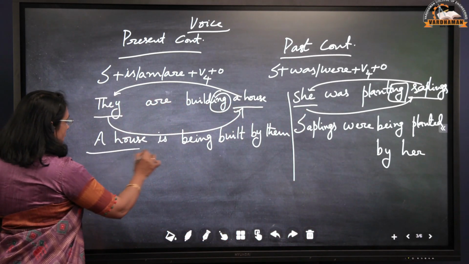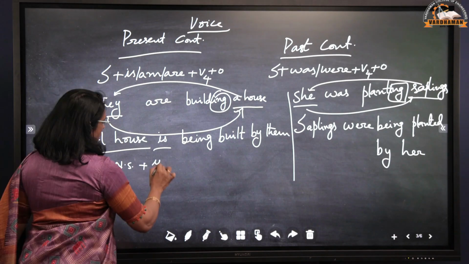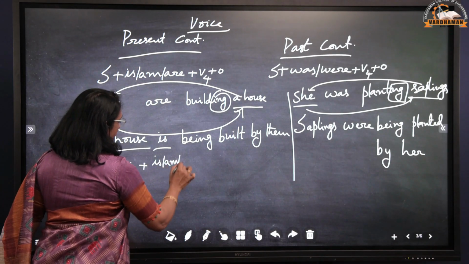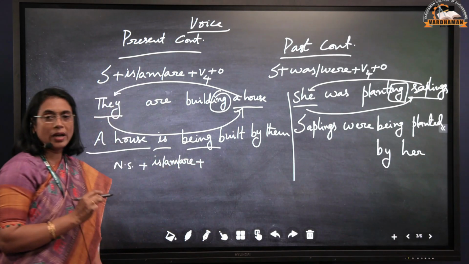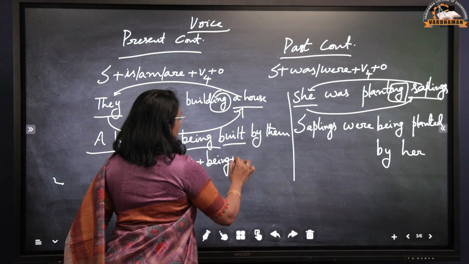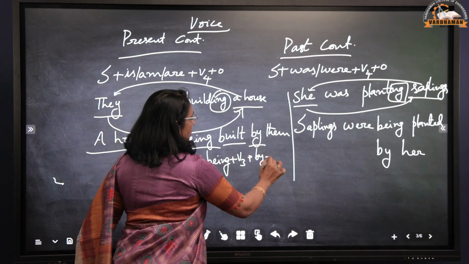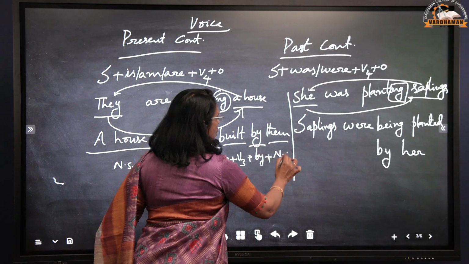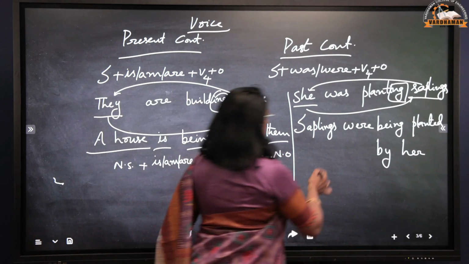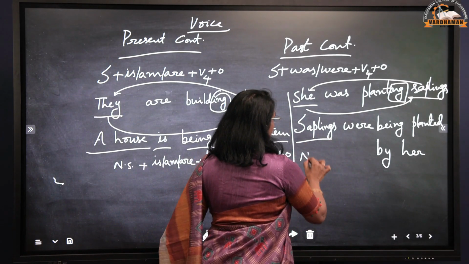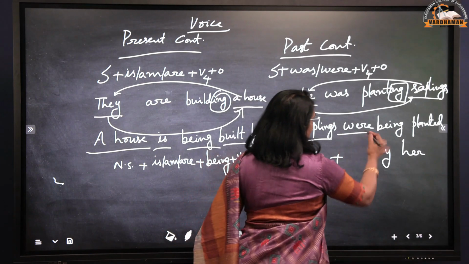So here the structure is new subject is, am, are, followed by being. Then we have V3 form of the verb followed by the preposition by. Then we have new object. Same thing here. This is also new subject. Here it varies.